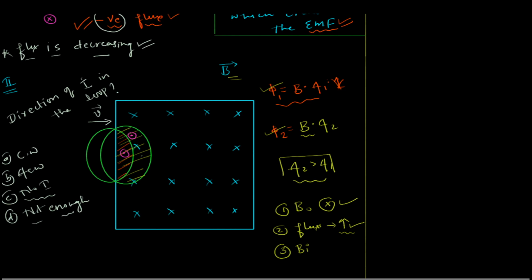So the induced magnetic field would be like this. Actually, I'm drawing too many dots so that you can actually see them. So the induced magnetic field should be in this direction. The dot means towards you, outside the screen, perpendicular to the screen and outside. And how do we get the magnetic field towards you?